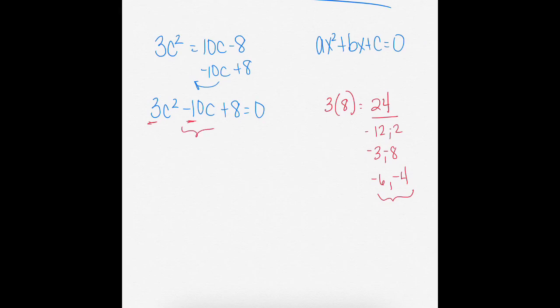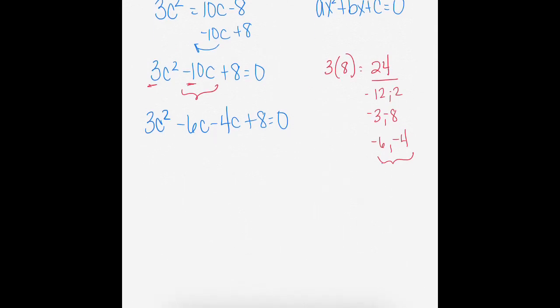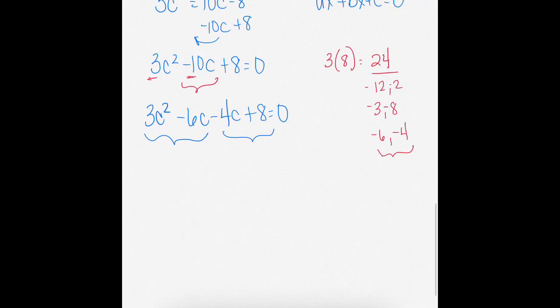Remember, we're going to replace that middle term. The first one stays, and the middle term becomes these two factors right here. If you use the box method, that's fine as well. This is how I teach the factoring when the a is not 1. Now I factor my first two terms.